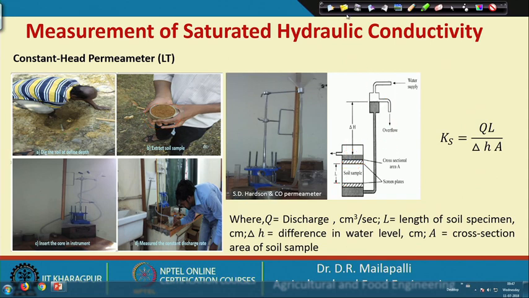The water will be flowing continuously from the bottom, and the difference in water levels will be delta H. That will be known, along with the sample cross-sectional area and length, and then the outflow, Q. So, finally, you get K s.